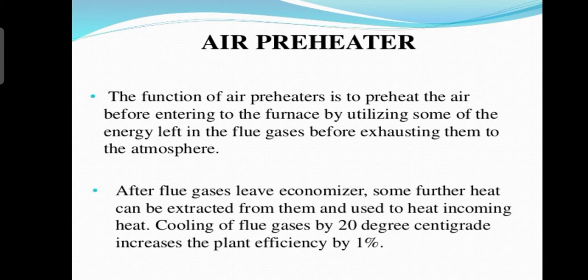Air preheater. The function of the air preheater is to preheat the air before it enters the furnace, recovering some of the energy left in the flue gases before exhausting them to the atmosphere.